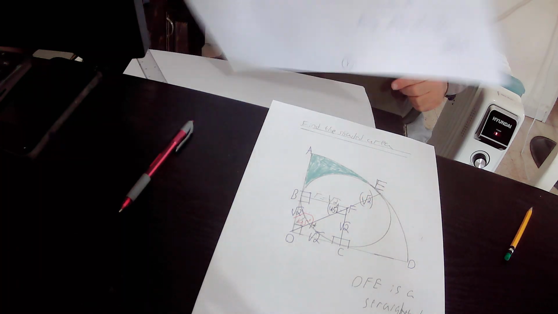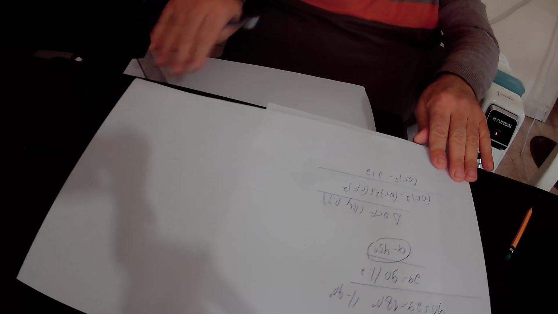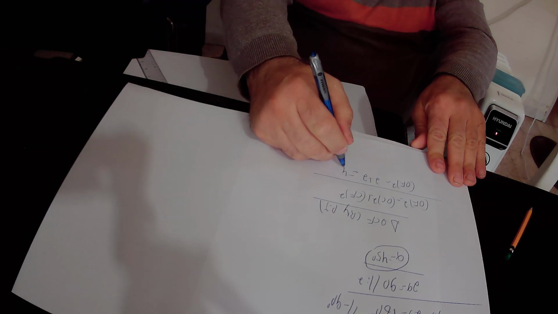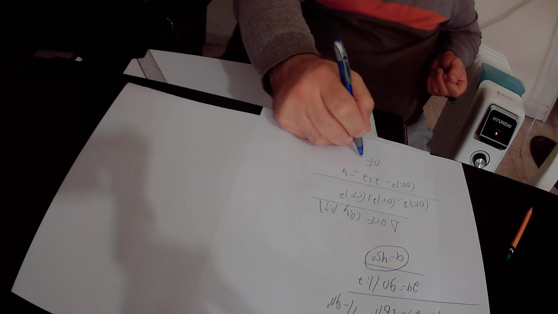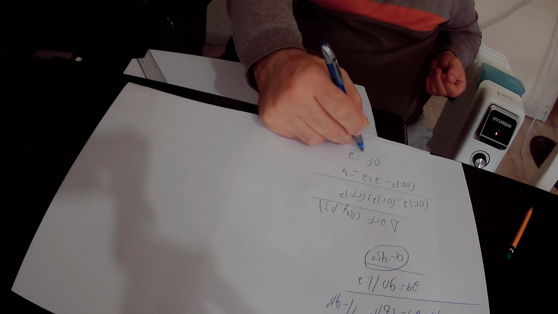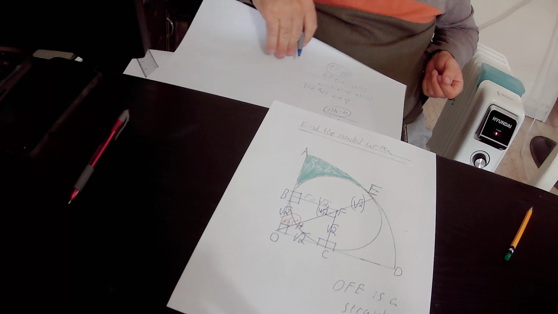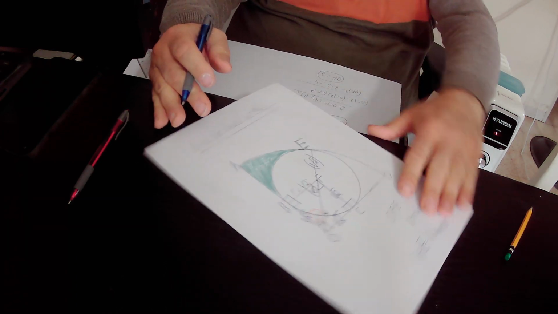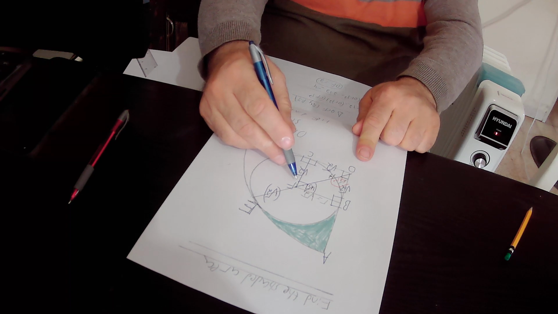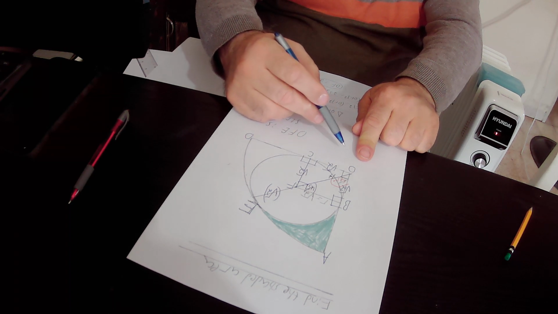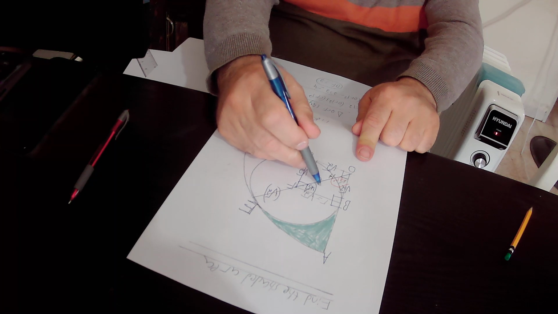So OF square equals 2 plus 2, that is 4. Taking the root, we get OF equals the square root of 4, that is 2. So the hypotenuse OF of the right-angled triangle OFC equals 2 units in its length.